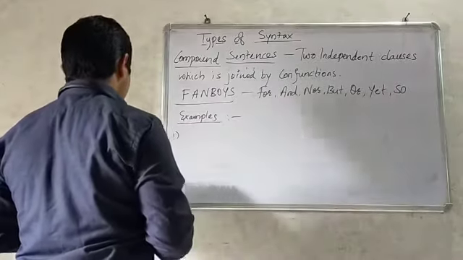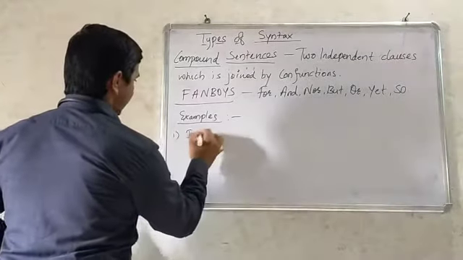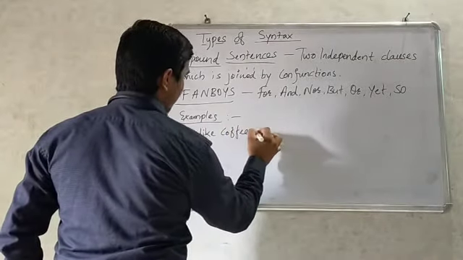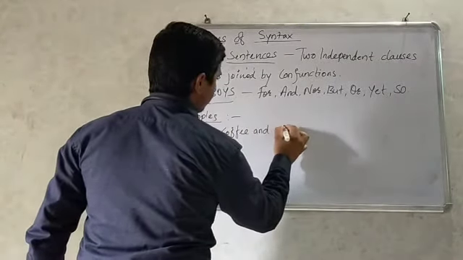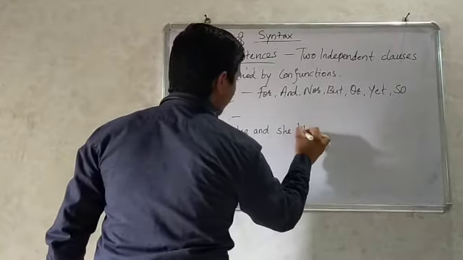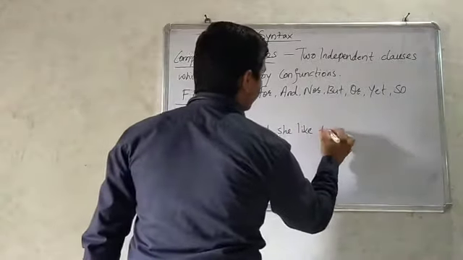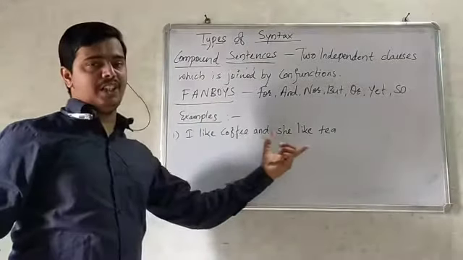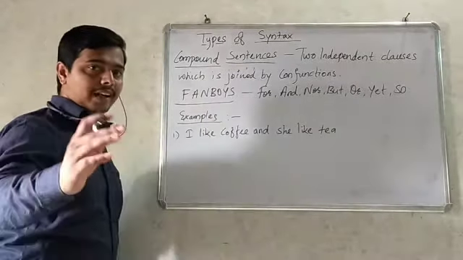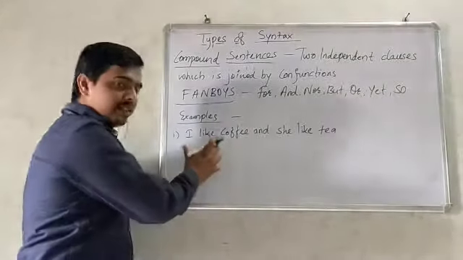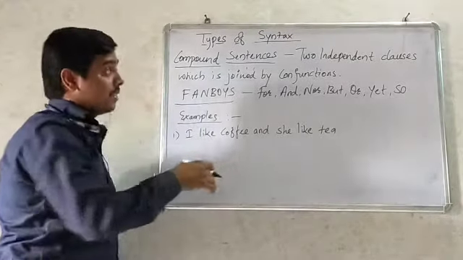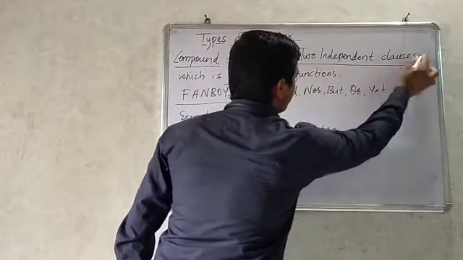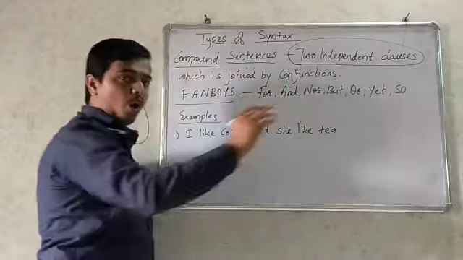In the first sentence I wrote here, I like coffee and she likes tea. Now let us see whether this sentence is as per the definition. The definition says two independent clauses.